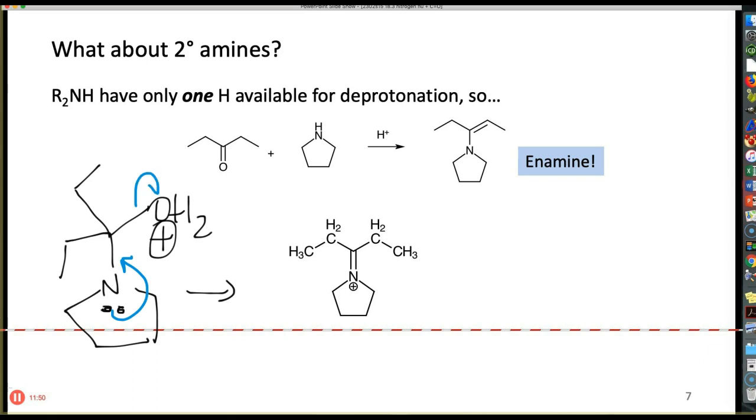We push out our leaving group to get, this is actually called an iminium ion. So there's my iminium ion, and of course this is reversible. What can happen here? Well, obviously, there's no hydrogen on my nitrogen that I can deprotonate to make a nice stable imine.